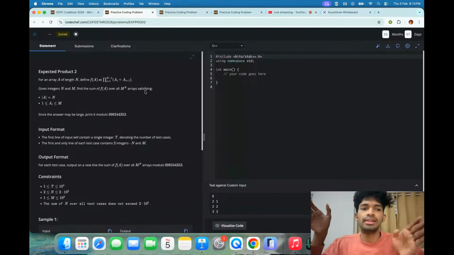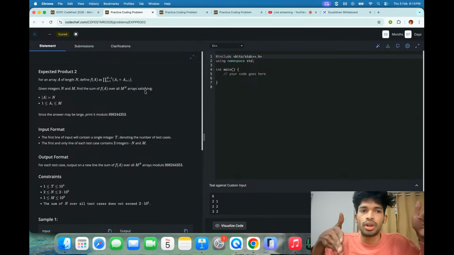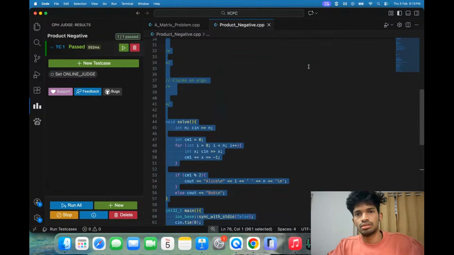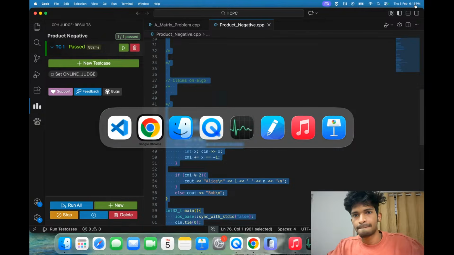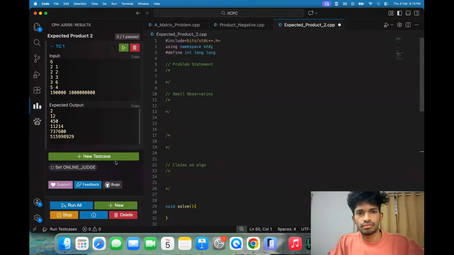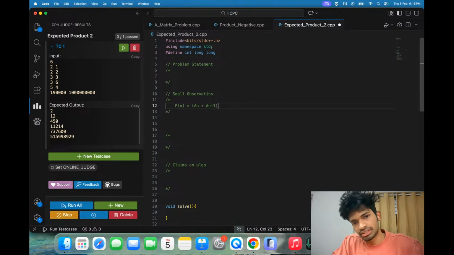Or else, can you write the product till n in terms of product till n minus 1 somehow? Let's try to write it like that once. Product till n equals an plus an minus 1 times product till n minus 1, right?